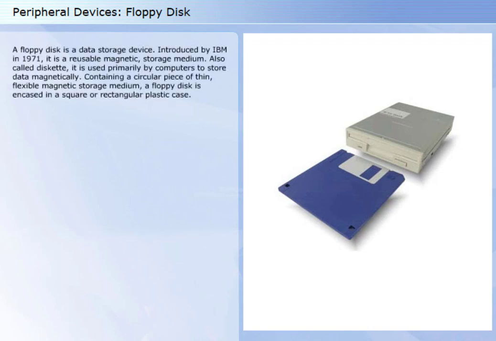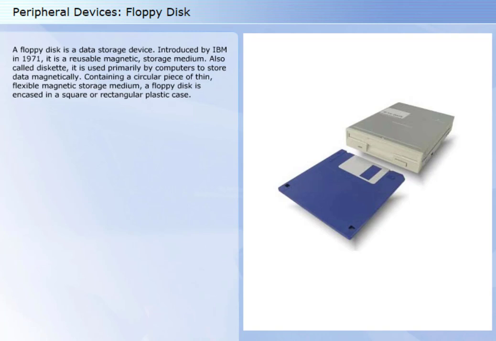A floppy disk is a data storage device. Introduced by IBM in 1971, it is a reusable magnetic storage medium. Also called diskette, it is used primarily by computers to store data magnetically.